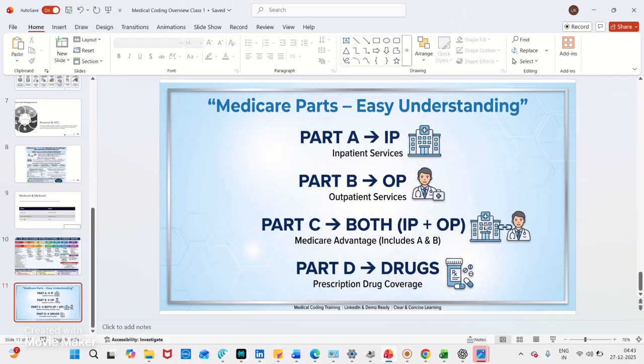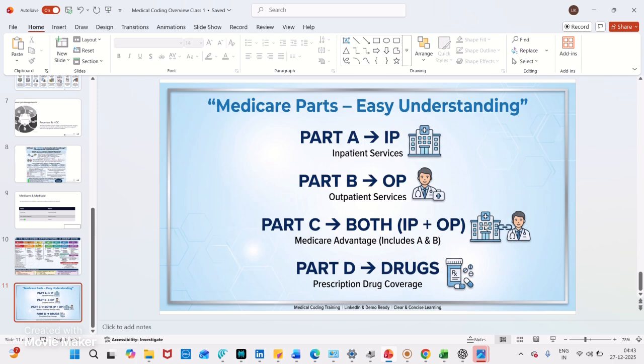Part B means outpatient services. When a patient visits a doctor or hospital and goes home the same day, within 24 hours, Medicare Part B applies. It covers doctor consultations, lab tests, scans, and outpatient procedures.